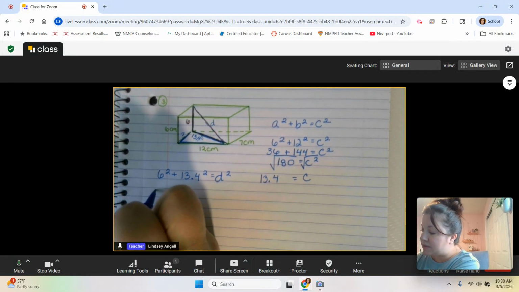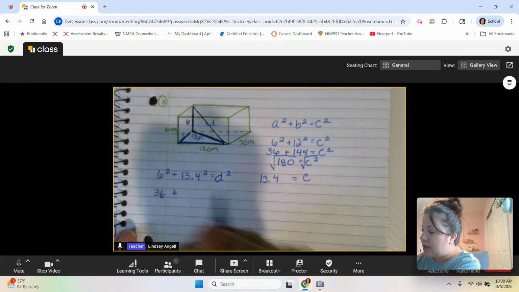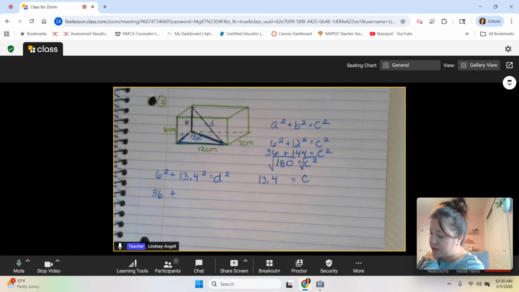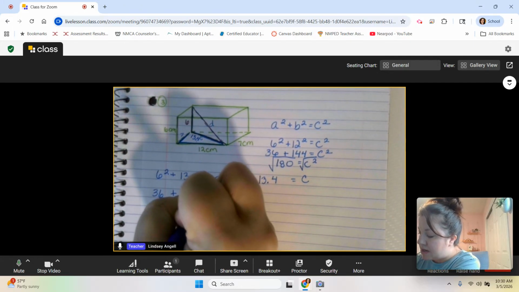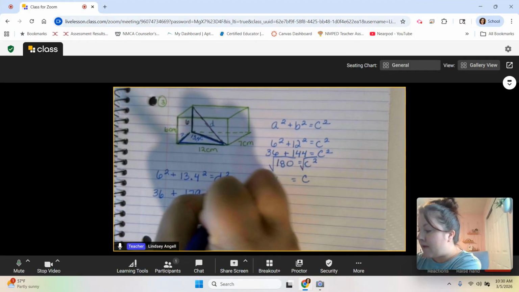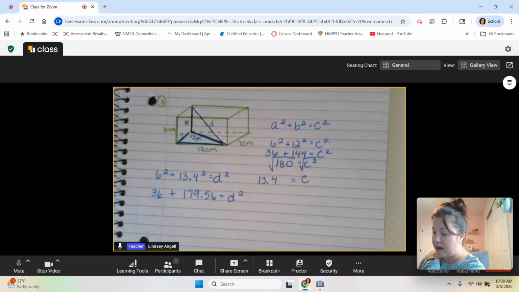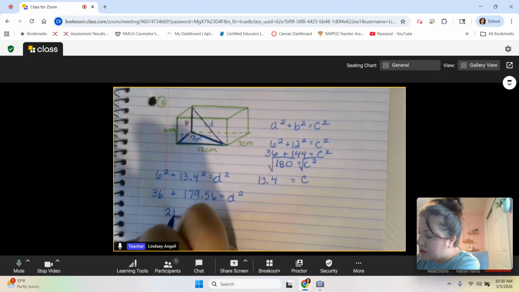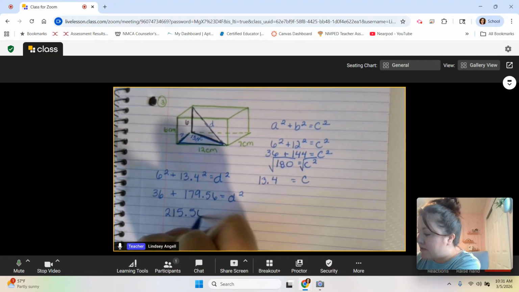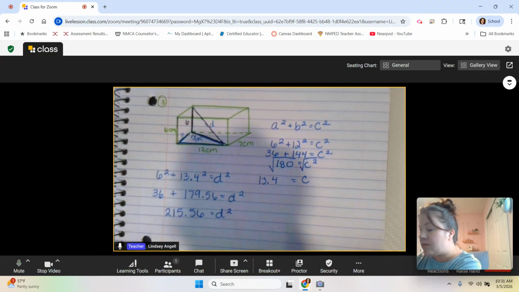Well, we know what 6 squared is, that's 36. And then let's see here, 13.4 times 13.4 is equal to 179.56. I'll add the 36 to it, and I get 215.56 equals d squared.